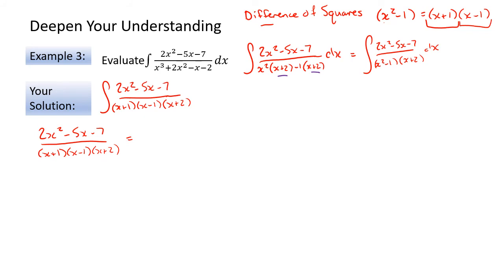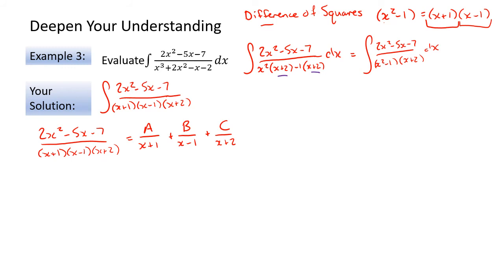We still set it equal to all of the individual factors. In this case, we have an extra one. So we have a divided by x plus 1, plus b divided by x minus 1, plus c divided by x plus 2.